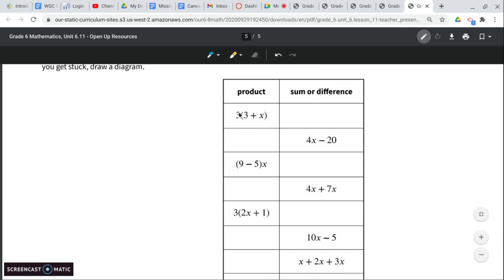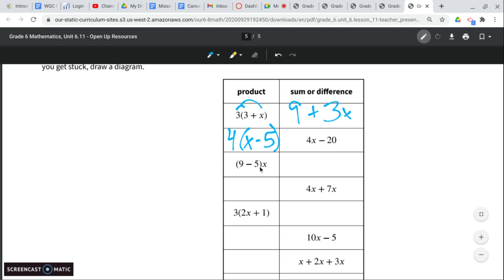So distribute. 3 times 3 is 9. 3 times x is 3x. There's our answer. Now this next one, we have 4x minus 20. What do 4x and 20 have in common? Well, they're both divisible by 4. So we put the 4 here. 4x divided by 4 is just x, minus 20 divided by 4 is 5.